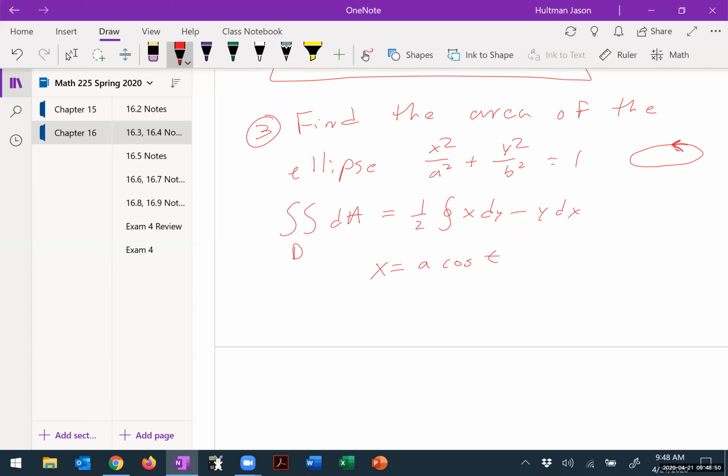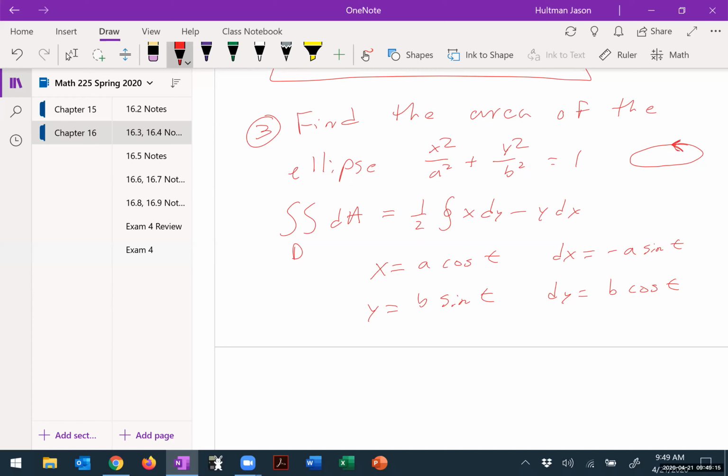And what's y going to be equal to? y is going to be equal to b sine t. What's dx going to be equal to? dx is going to be equal to negative a sine t. Now what's dy going to be equal to? Well, it's going to be equal to b cosine t.